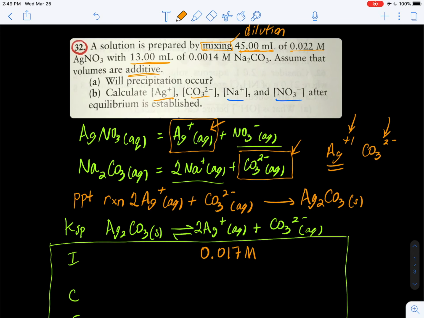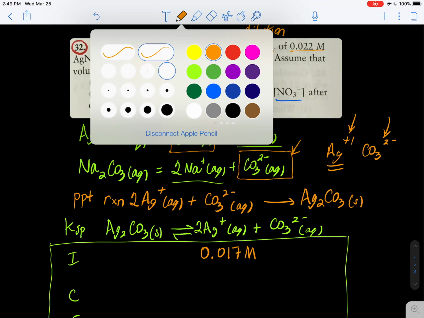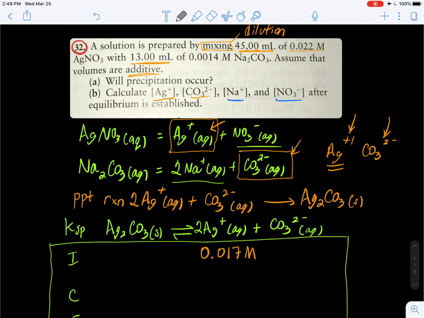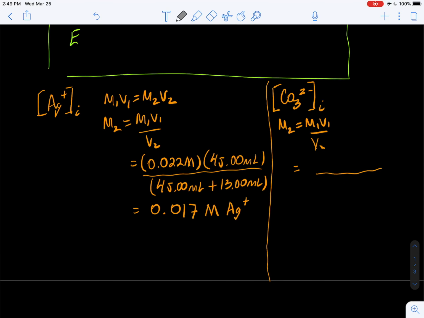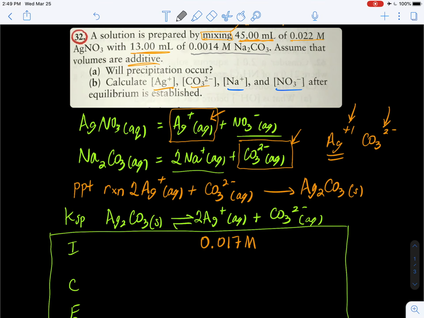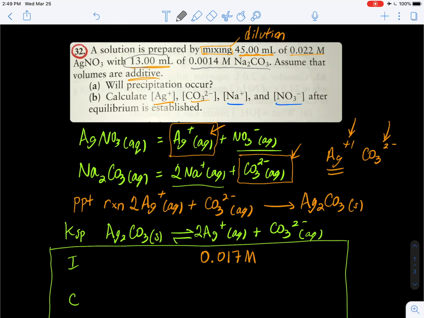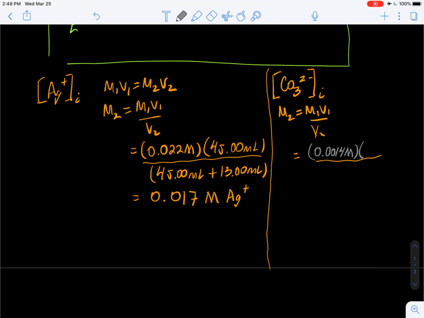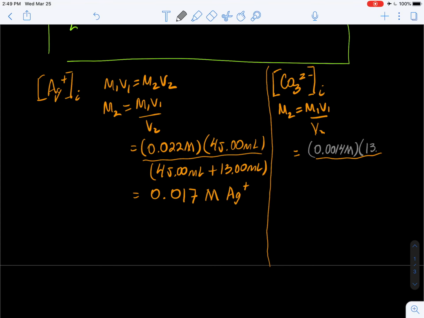So the initial concentration, in a different color pen here, of sodium carbonate is 0.0014 molar. The volume of the sodium carbonate is 13 milliliters. And the total volume is this same quantity as before.